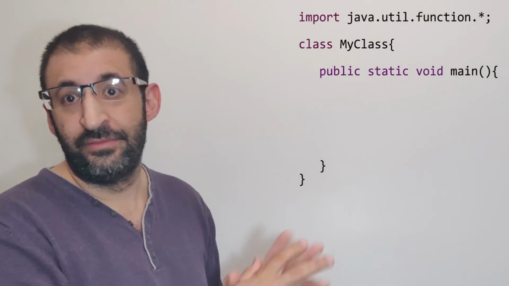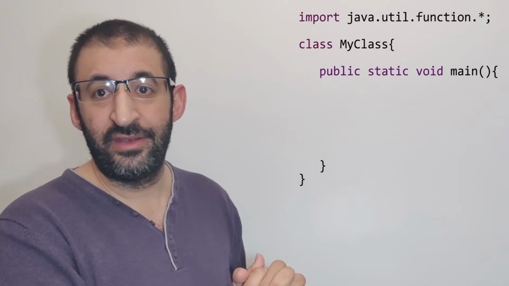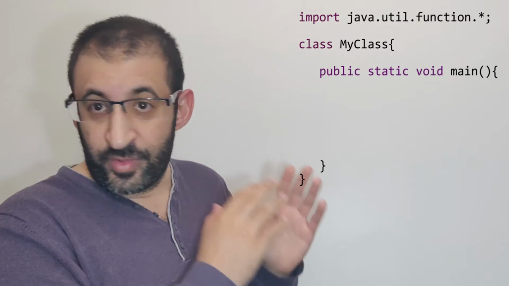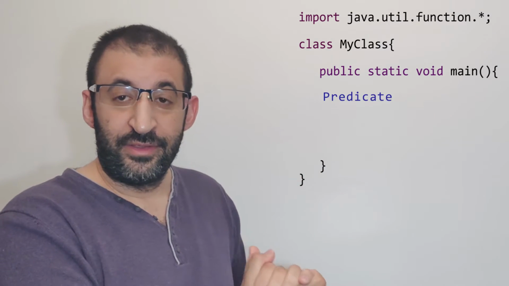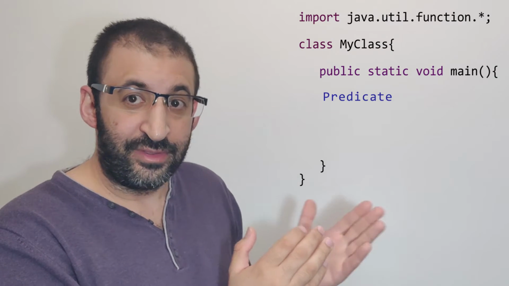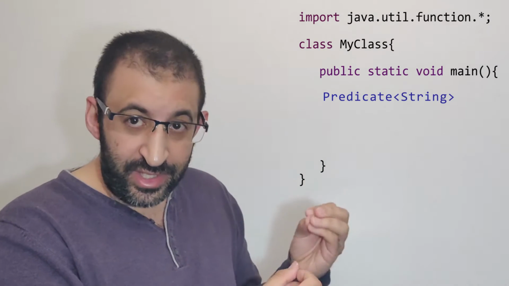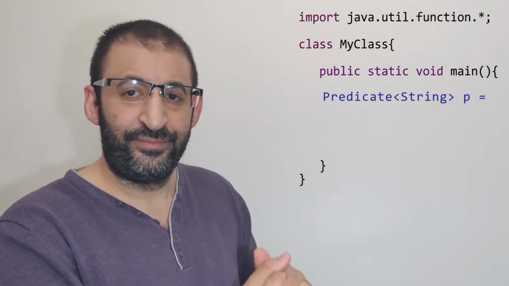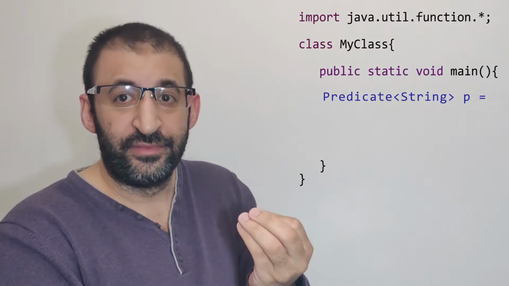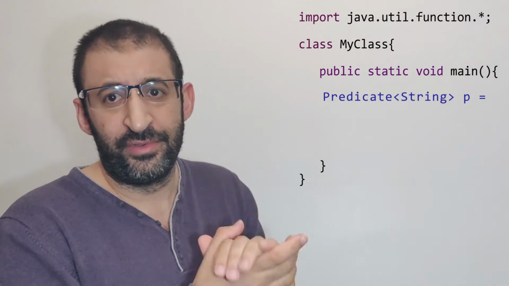I have my class, and in my public static void main, here I will create a new Predicate object. Predicate with what type? It is String. P. After this, I make equal, and I have only one argument, str, for example.